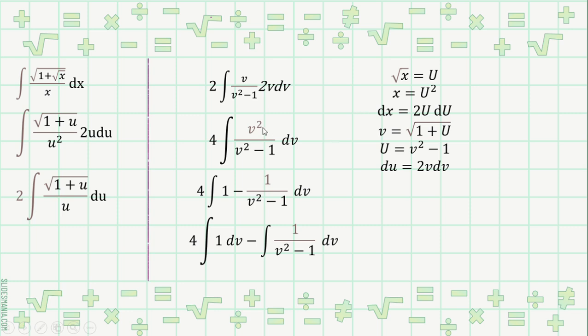The v and v squared simplify, and we split the integral: first is the integral of 1 dv minus the integral of 1 over v squared minus 1 dv.